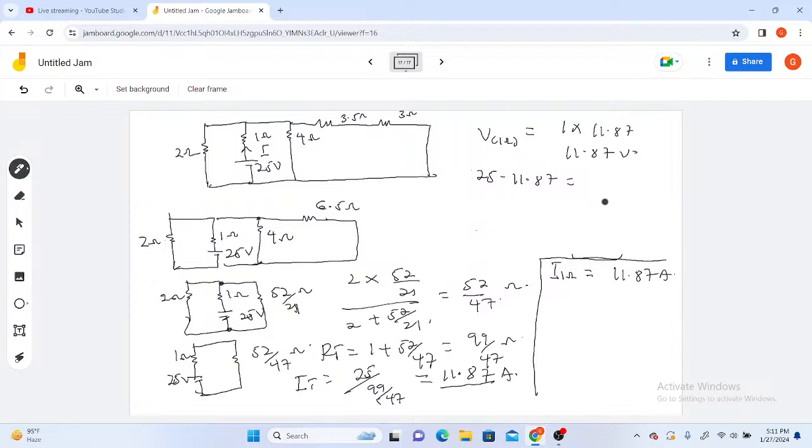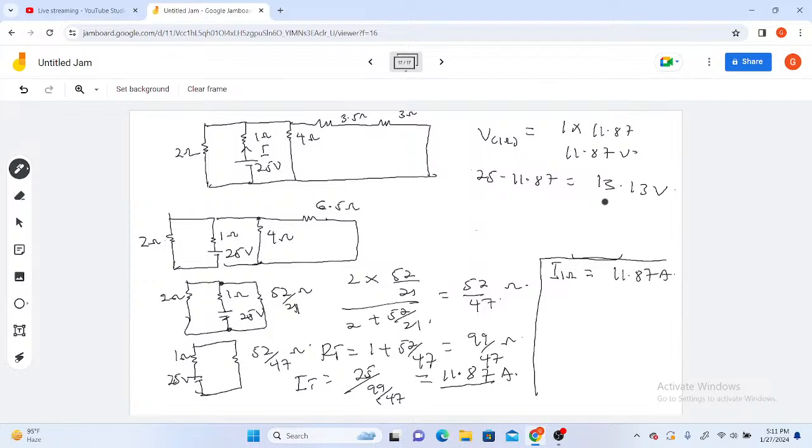That is 13.13 volts. So once you have 13.13 volts, that is the voltage across the others. Now, you know from your basic electricity principles that if a resistor or an element or a load is in parallel with a voltage source, then the same voltage will be across that particular element.